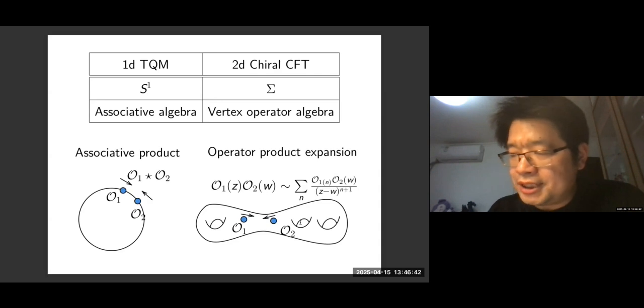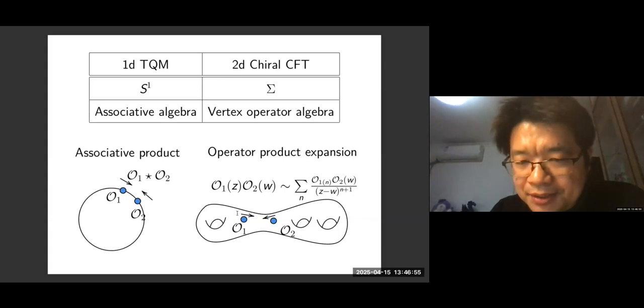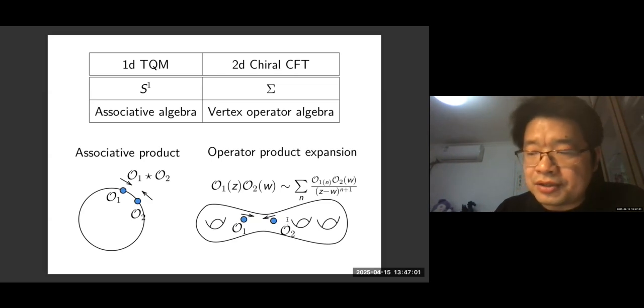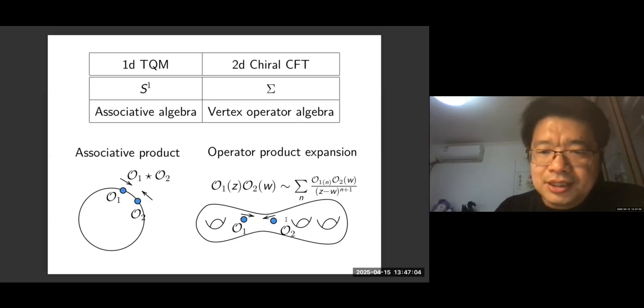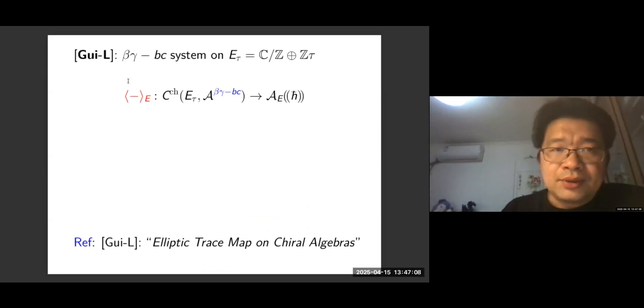So I'm going to focus on this particular situation, the chiral analog of differential operators and Clifford algebra, so the beta gamma and BC systems. I'm going to work with a particular Riemann surface. For the purpose of the index, I'm going to work with an elliptic curve, a torus, basically. So you can find something quite interesting. Here's the theorem I want to explain.